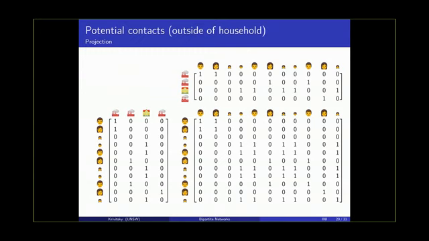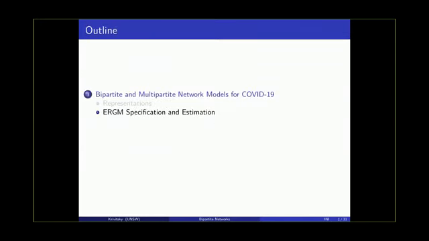By what is really a matrix multiplication or projection, we can look at which pairs of people have potentially encountered each other in a venue where they might have infected each other. So if we have bipartite networks, we can model that aspect of COVID-19 spread.